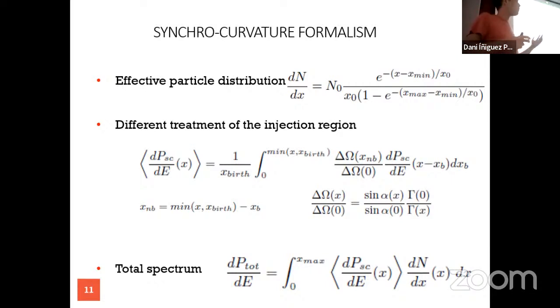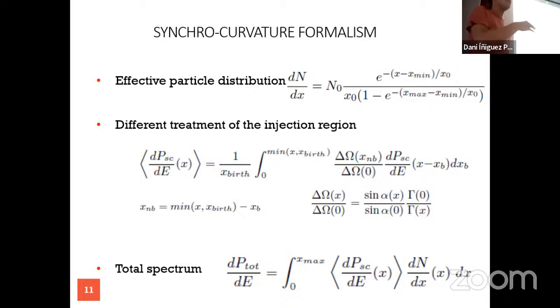But what we do now is to consider properly the trajectories of all the particles, so that at each position of this so-called injection region, there is not only the contribution of the particles being injected there, but also the contributions from the particles that are injected at inner positions in the trajectory. So at each position there is a contribution from the particles being injected there, and the contribution from all the particles being injected at the earlier positions.